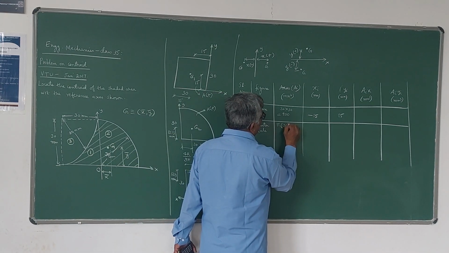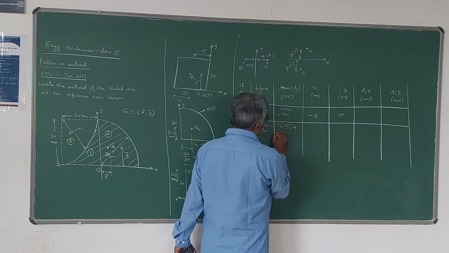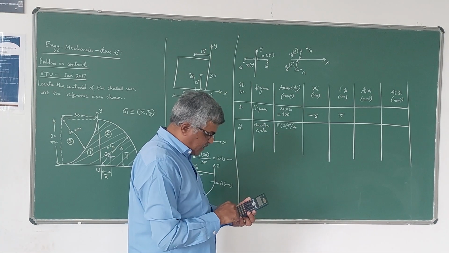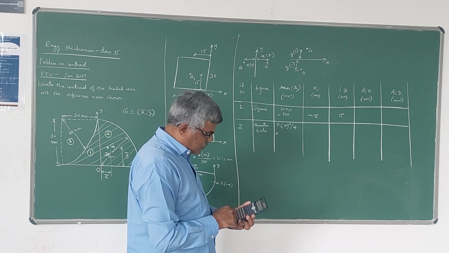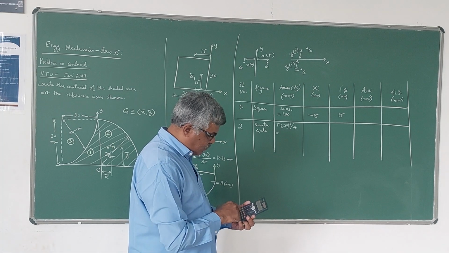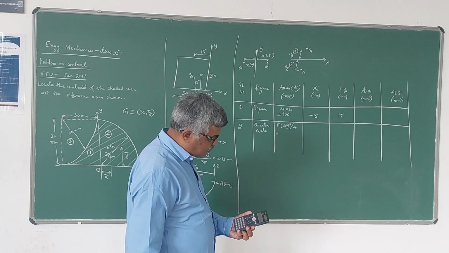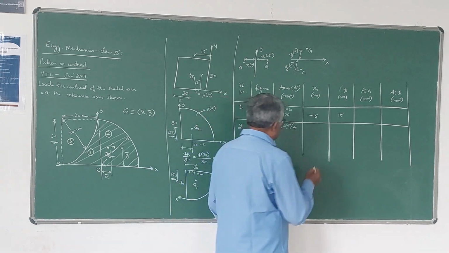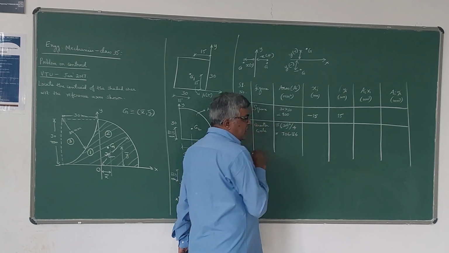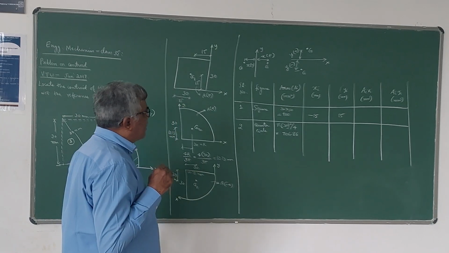So pi into 30 square by 4. That is the area. Now let us see what is the value. So pi into 30 square is 900 divided by 4. So it is 706.86. That is the value of the area of the quarter circle in millimeter square.